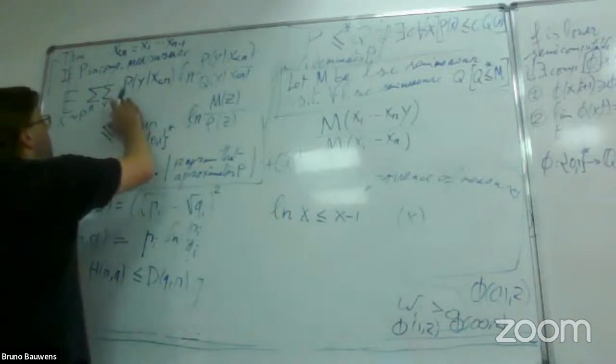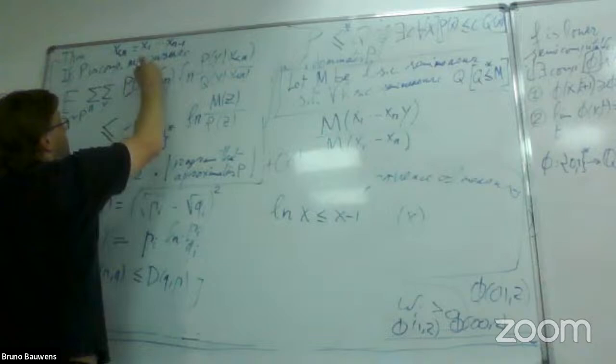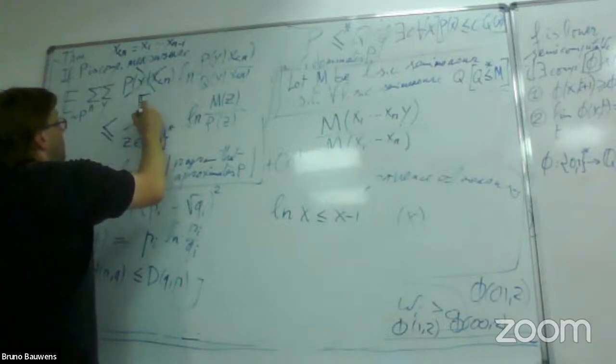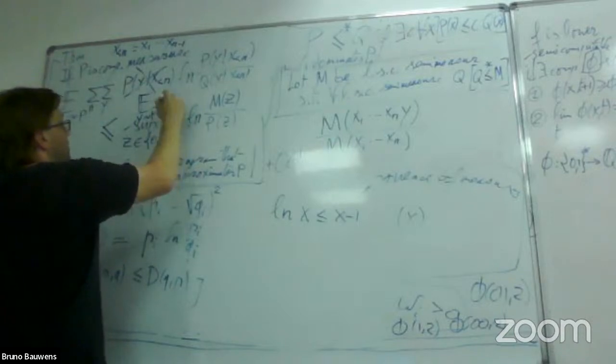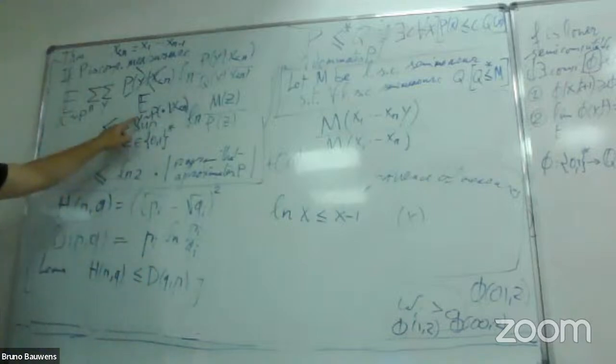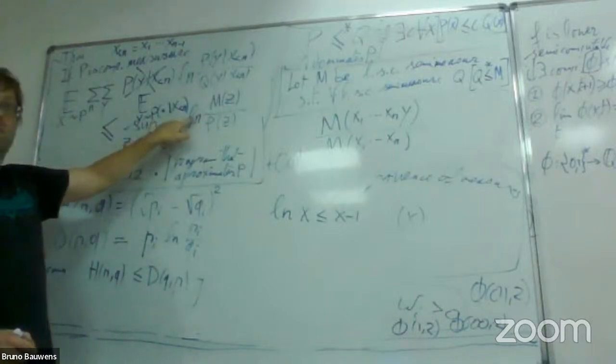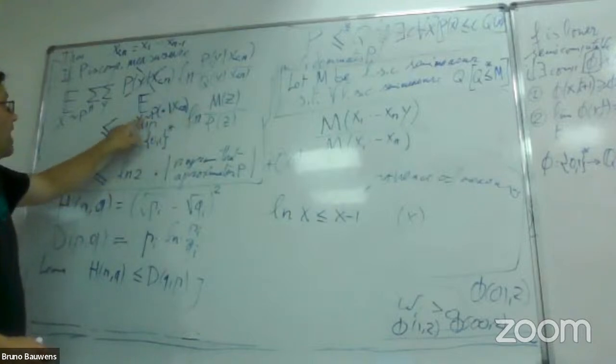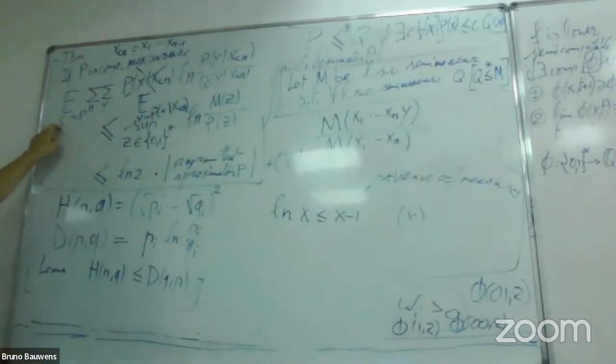And so, okay, let me write it in full. I remove this and write expectation over y according to the conditional measure. So I draw y from the conditional measure. But then y has the same distribution as the n-th bit here. They're equal in distribution. So I just replace y by the n-th bit. I take another variable with the same distribution.